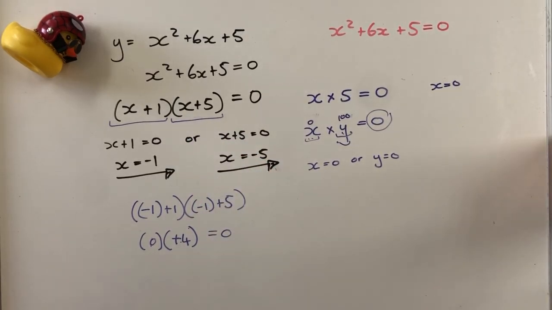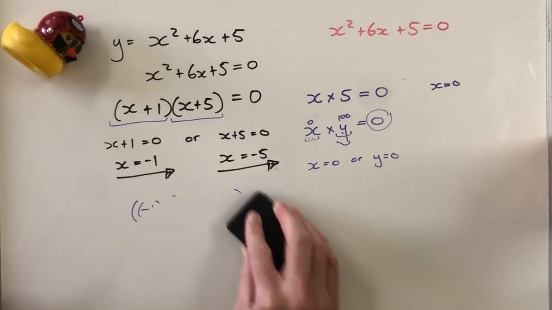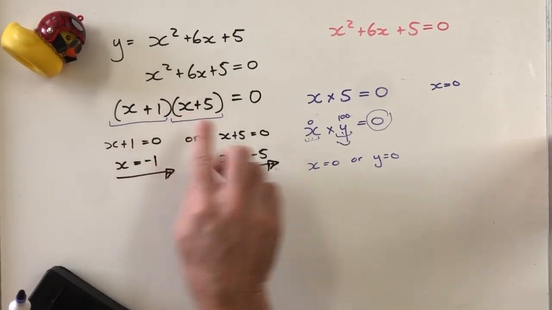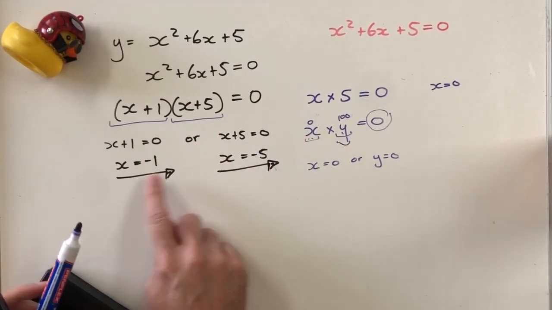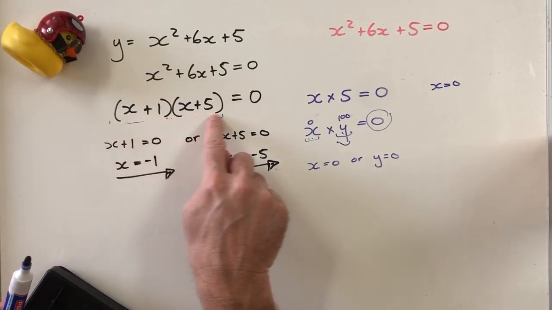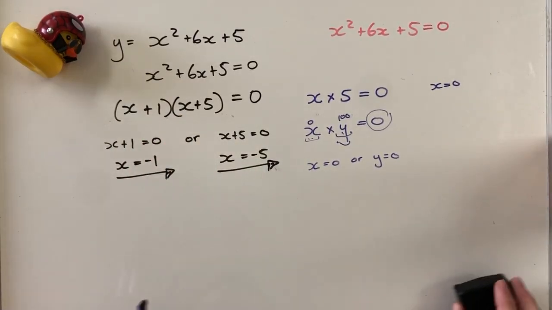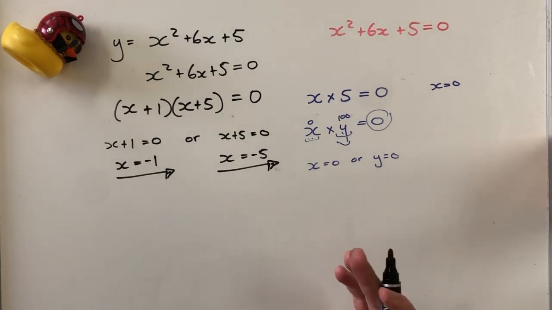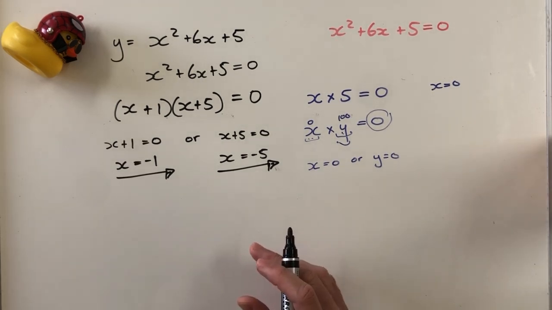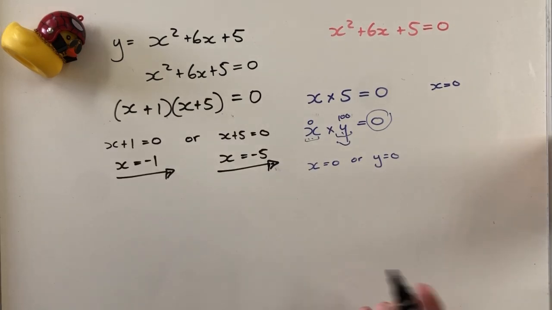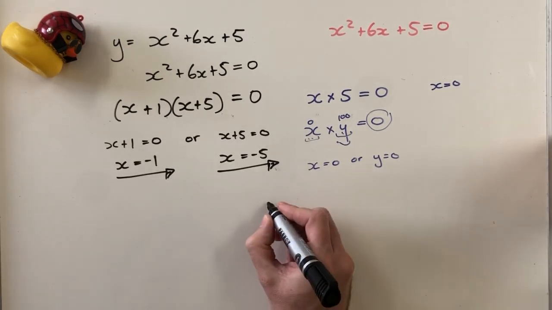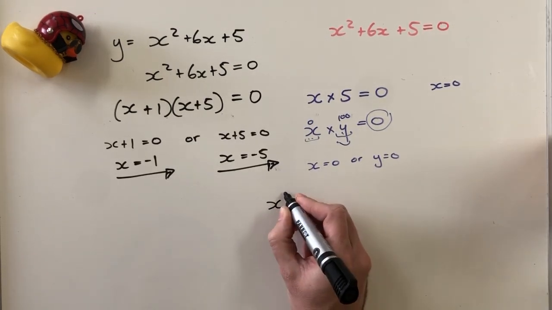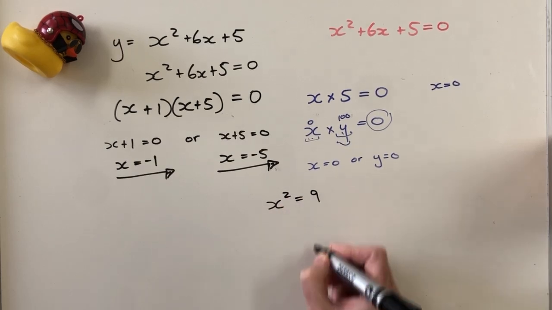So it's a bit of a new concept, I know, but just understand that because I'm multiplying two things and my answer is 0, I can have two answers. And I know it's a bit weird that we have two answers, but usually when we look at quadratics or numbers that are like square numbers, let's say quadratic equations, then we'd have two answers. So for example, let's say I had x squared is equal to 9.